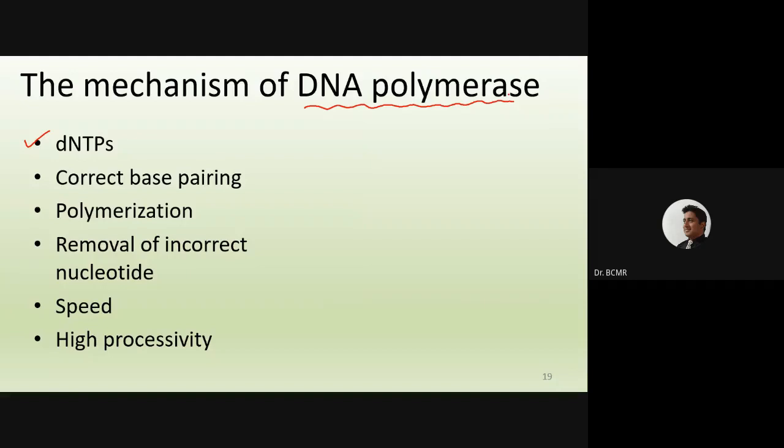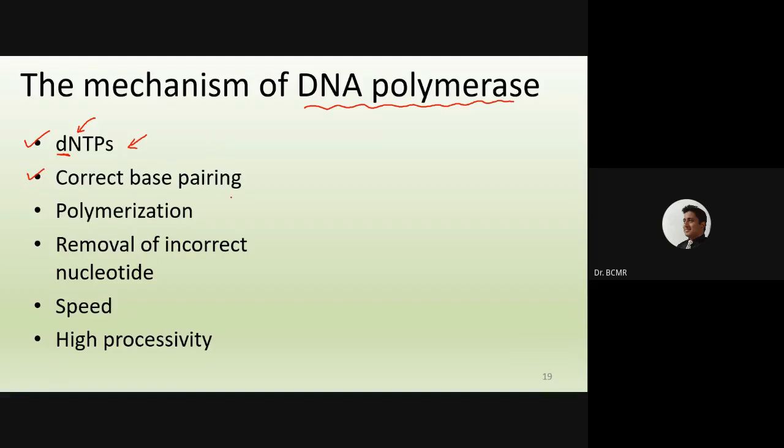The DNA polymerase should be able to distinguish between dNTPs and rNTPs. rNTPs are ribonucleoside triphosphates that are subunits of RNA, whereas in DNA the sugar is deoxyribose.